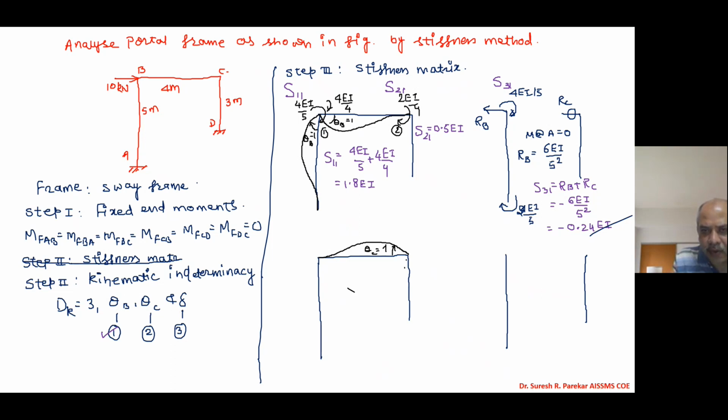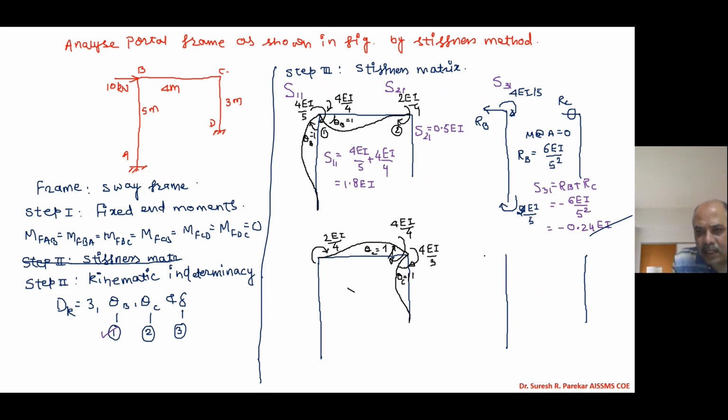Here it will go clockwise, meaning inside, and here we have theta c equal to 1. Now the value of moment we require over here is 4 EI by 4, and over here 4 EI by 3. Due to this we will get half on this side, 2 EI by 4.